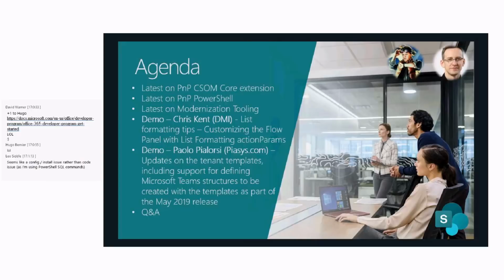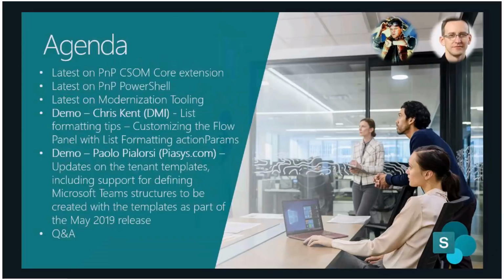And then the second demo today is from Paolo related to the updated engine capabilities, and with engine I mean the tenant templating engine which the community has built to manage your Office 365 tenants. So not just SharePoint sites, not just SharePoint content, but also other stuff like Microsoft Teams structure.